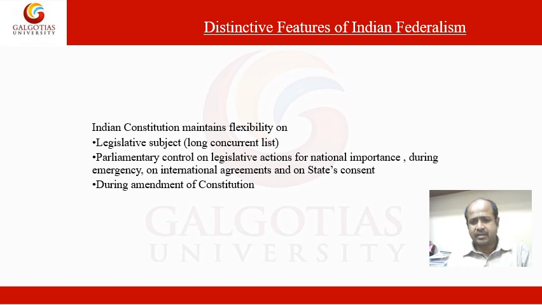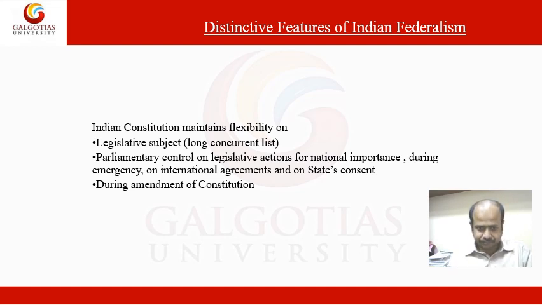So Parliament has supremacy here in the case of emergency, in the case of national interest, or any kind of international agreement. And in some situations where the state has given consent to Parliament to make the law, Parliament has the legislative activity.